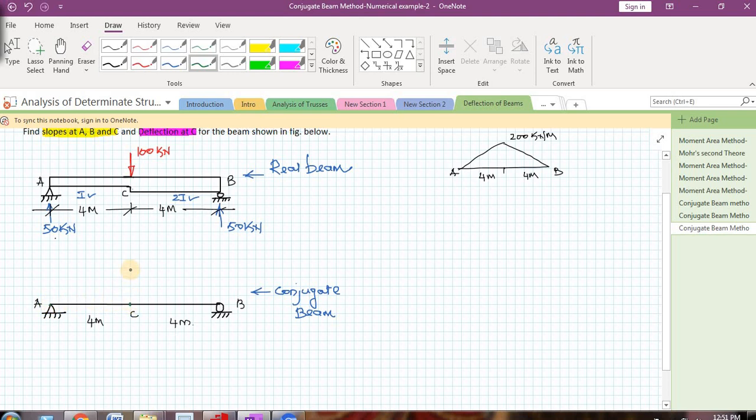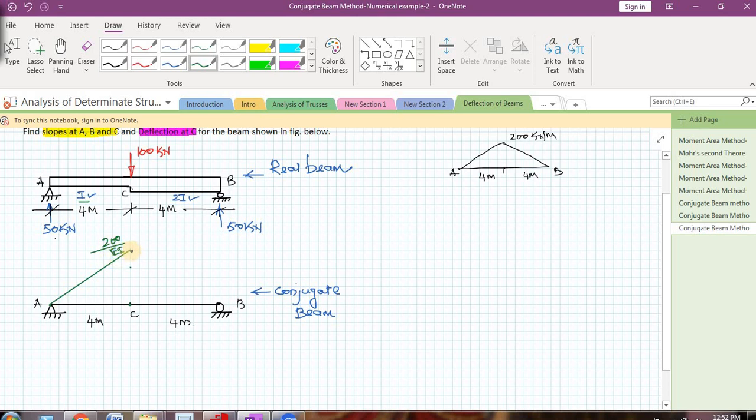Now just left of C, the bending moment is still 200, but since I'm drawing the M by EI diagram, it will be 200 divided by E and I only, because for the segment AC the moment of inertia is I. So it is 200 divided by E and single I, so it will be something like this. So this is 200 divided by EI.